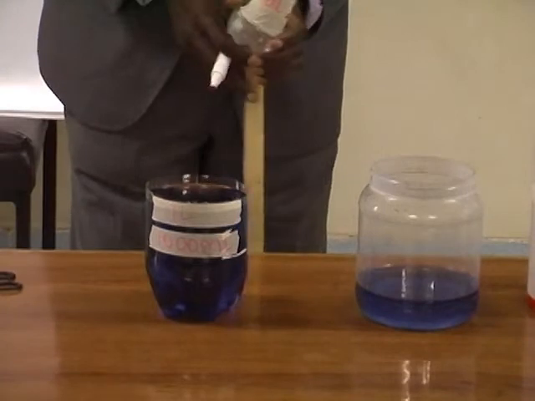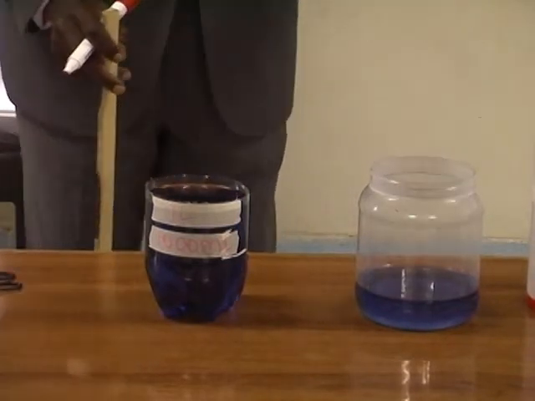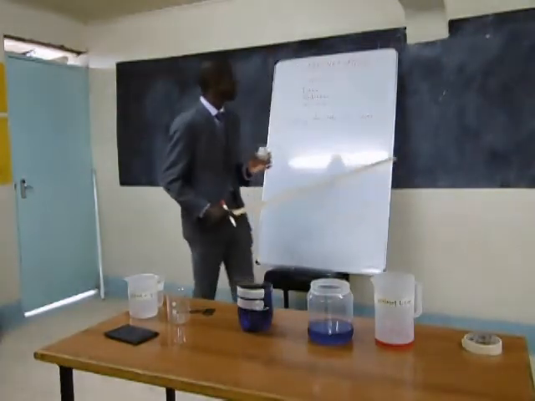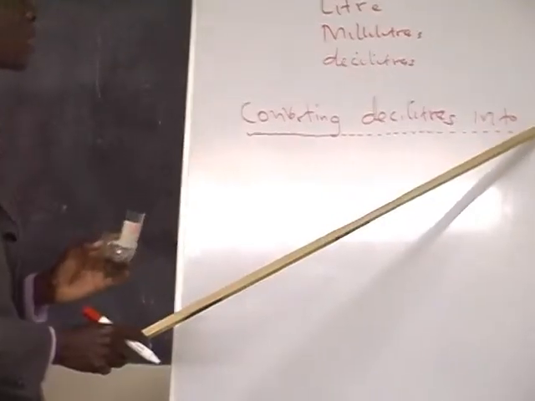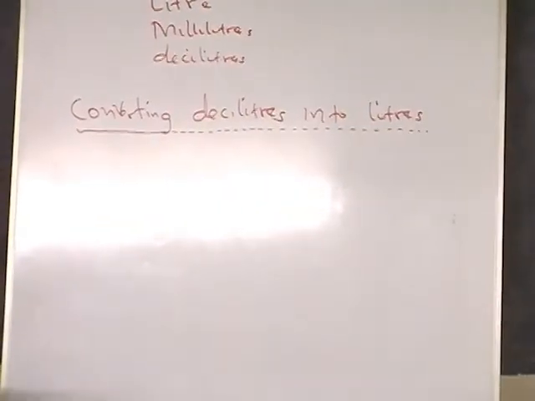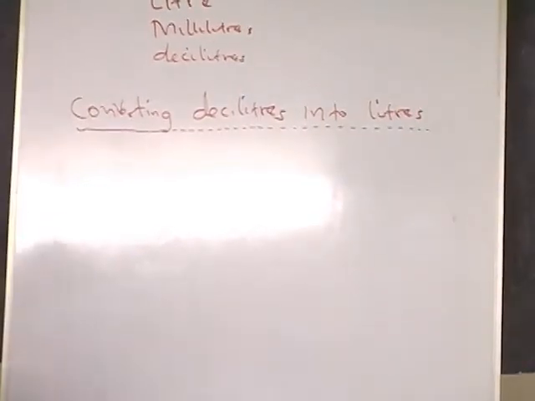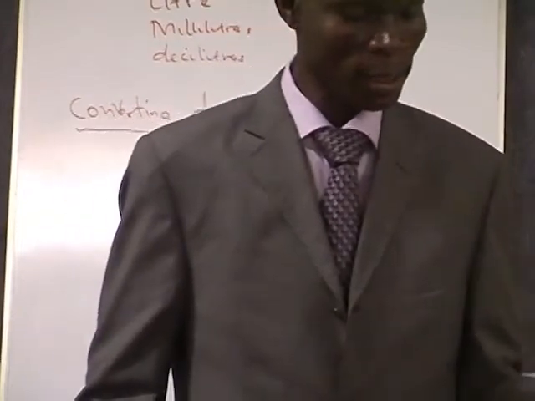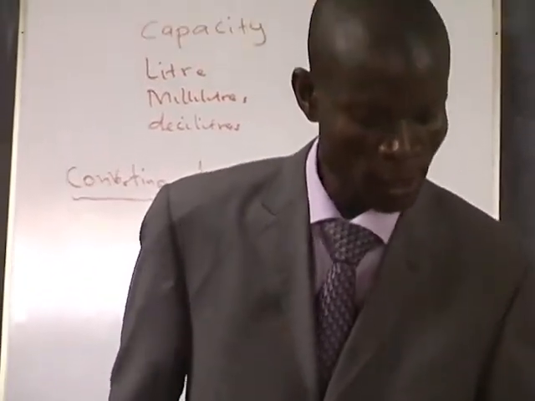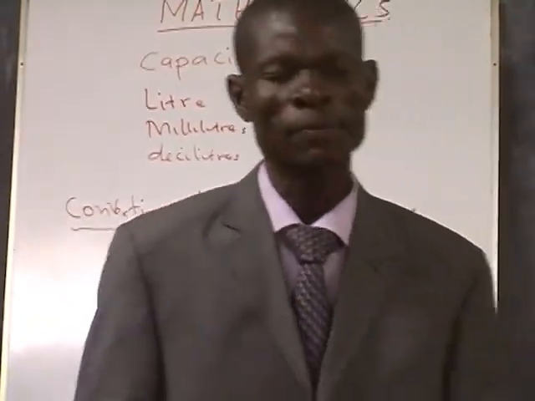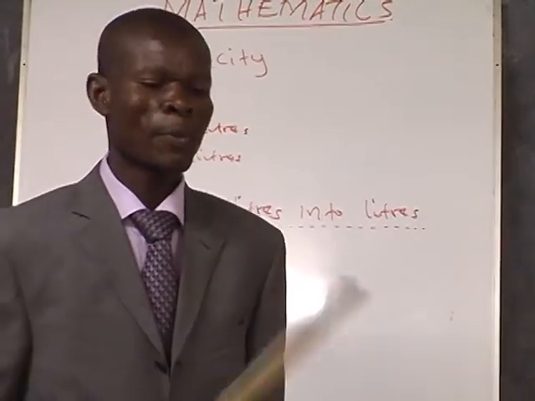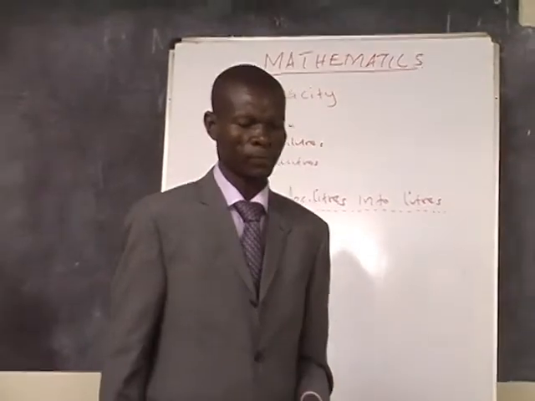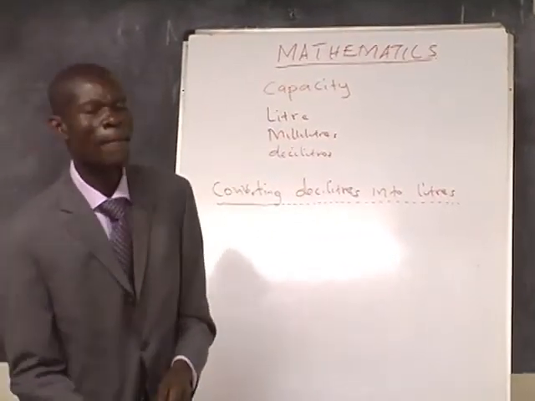So from there we'll be able to identify the formula that relates the two units, that is the deciliters and the liters. So can you get me the formula that relates liters and deciliters from what we've seen when one of us was counting by pouring 1 deciliter into 1 liter container? So who can get me the formula?